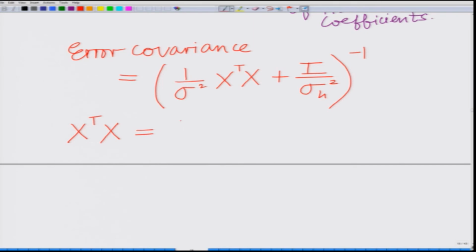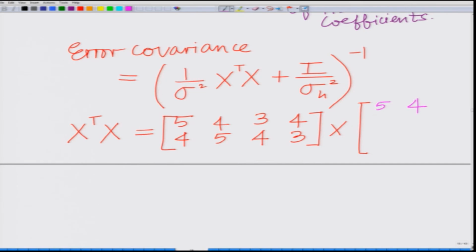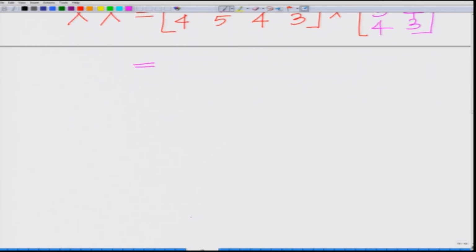So, x transpose x, which is transpose of the matrix x times itself. Remember, it is an m cross m matrix, a 2 cross 2 matrix, which is 5 4 4 5 3 4 4 3 times x, which is the pilot matrix, once again 5 4 4 5 3 4 4 3, which is equal to 66 64 64 66.